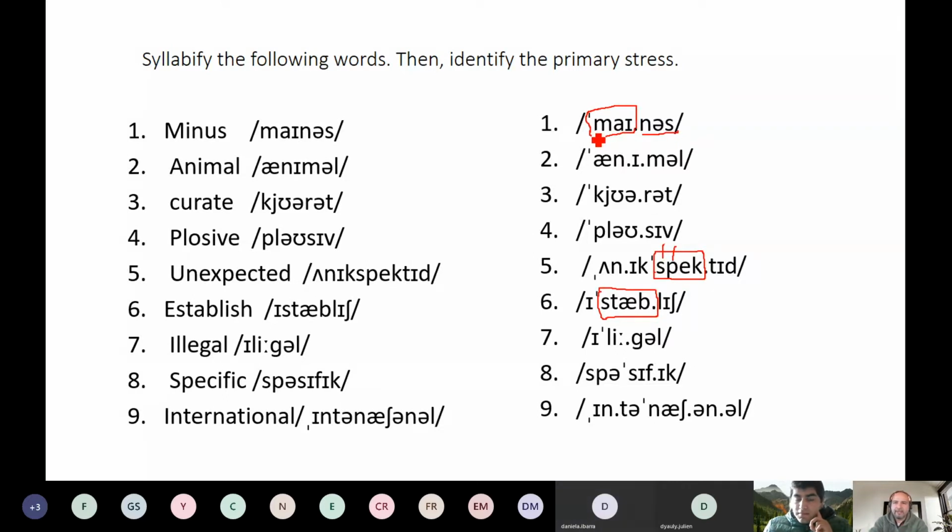And I told you that for this class, we were going to follow the concept that diphthongs are considered one sound unit. So we're not going to divide them, and we're going to consider them as one single phoneme.